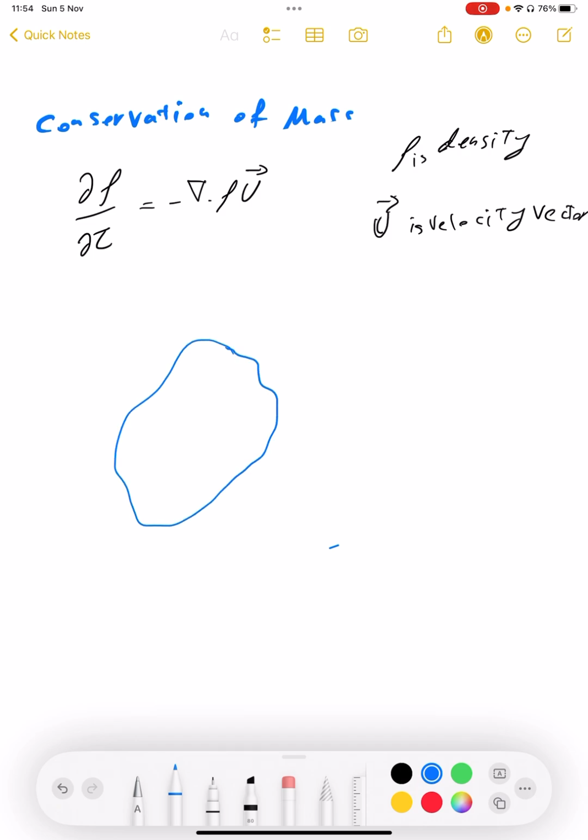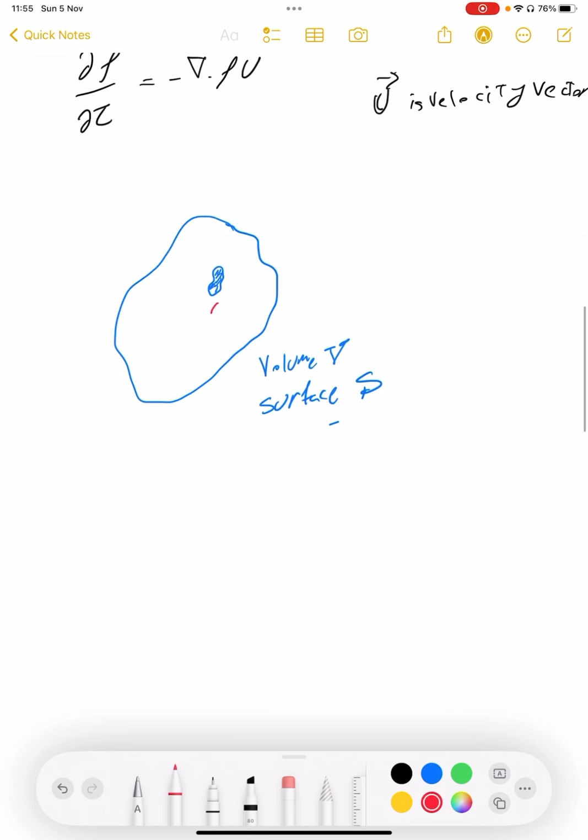This is an arbitrary shape of control volume, which has a volume of V and a surface of S. In this control volume, you can choose a tiny element, which has a surface dS. You call it a surface element.